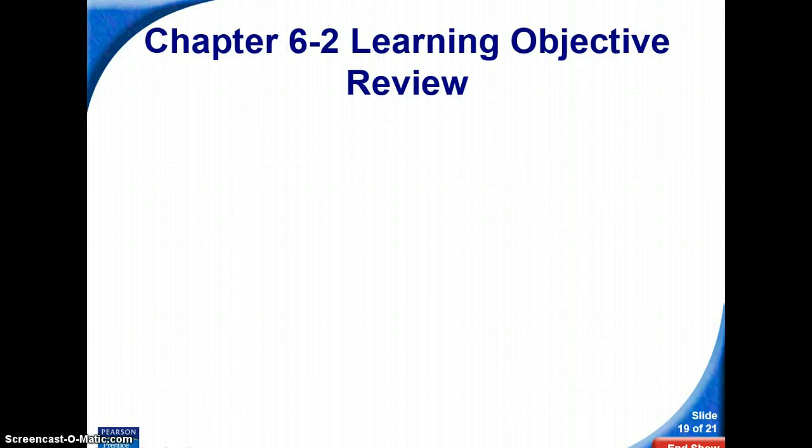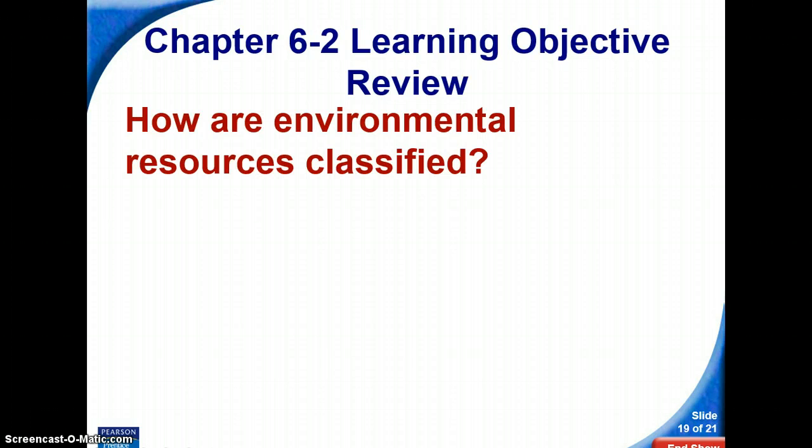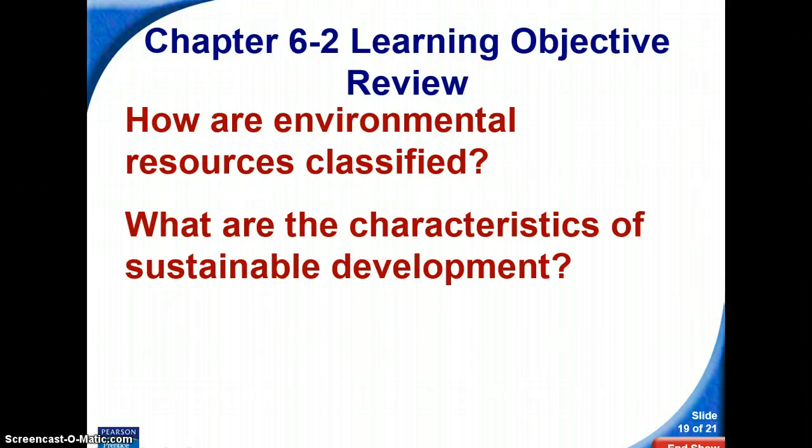So to sum it all up here for this lesson, how are environmental resources classified? Well, environmental resources are classified as either renewable or non-renewable. And then what are the characteristics of sustainable development? Well, the characteristics of sustainable development include using natural resources without depleting them and providing for human needs without causing long-term environmental harm.